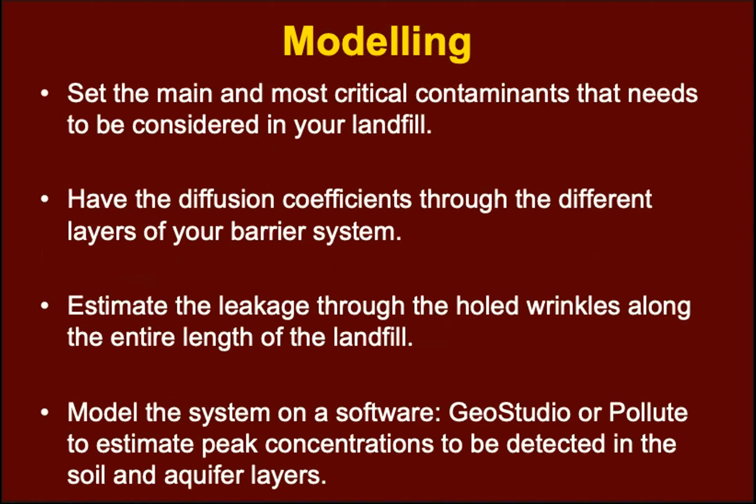So if you just have a single composite liner, then you need the diffusion coefficient of your geomembrane, your GCL, and your attenuated layer of soil. And then you would need to calculate the leakage through the estimated number and length of wrinkles that will be available on your design landfill.